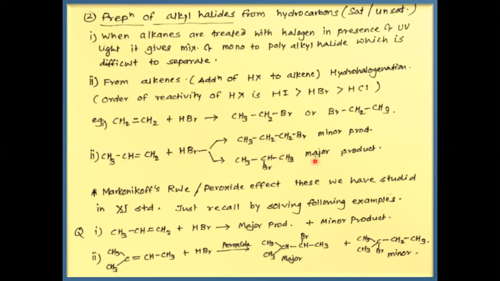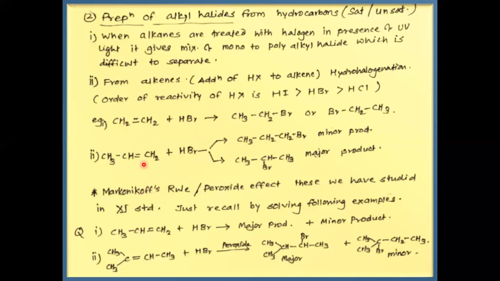Now look here, this is the major product and this is the minor product. The major product formation takes place according to Markovnikov's rule. So what is the statement of Markovnikov's rule? Just recall, we have seen this in 11th standard.